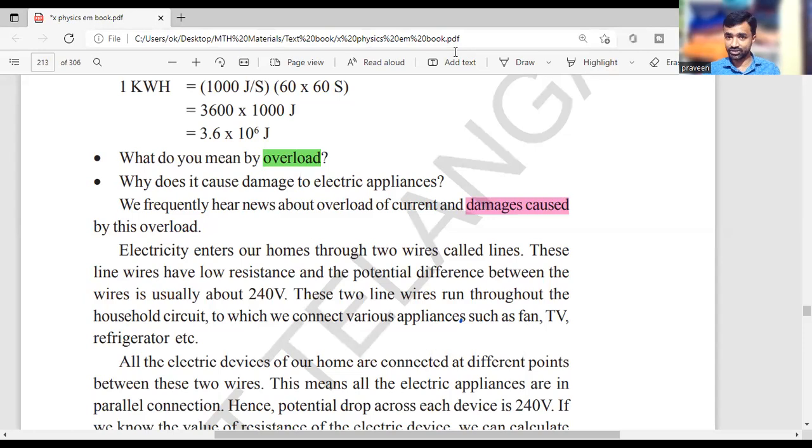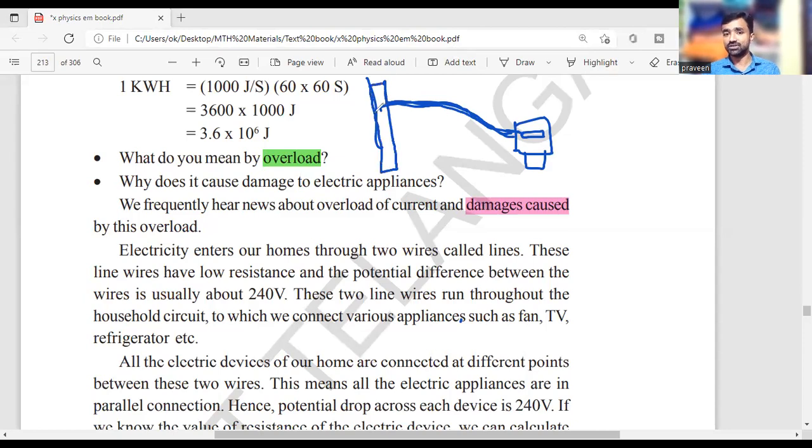That main receives current from the electric pole using a single wire. After receiving that current, we make many connections from a junction, giving different connections into the different rooms of your house.